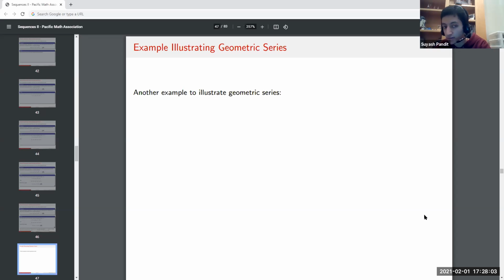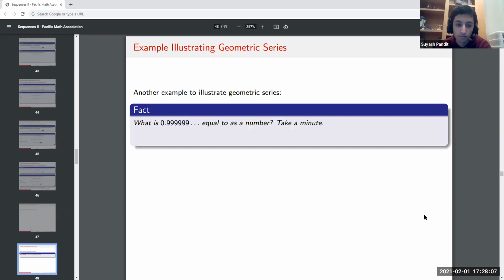Yeah, that's totally fine. So let's do an example illustrating how this works. Many of you already know this, but take just a moment to think about this, because we're going to present a geometric proof, a proof using geometric series, for this fact.